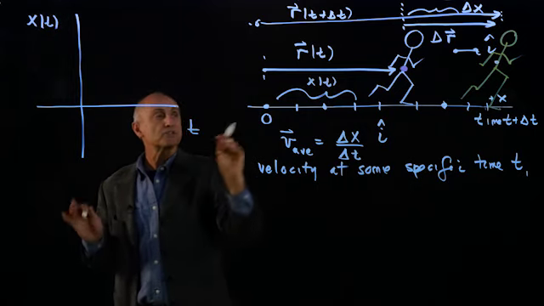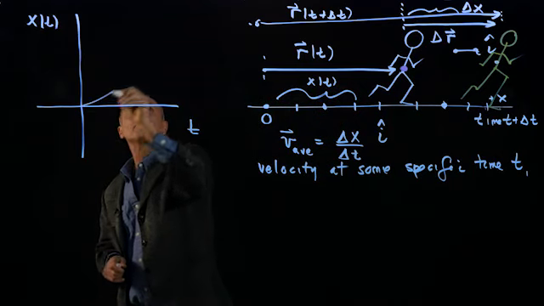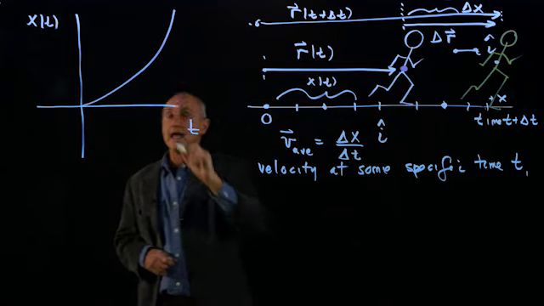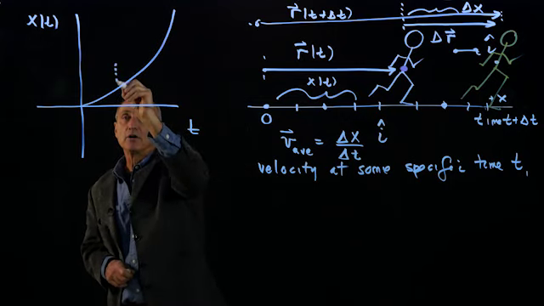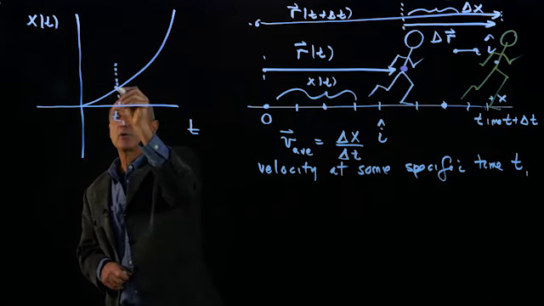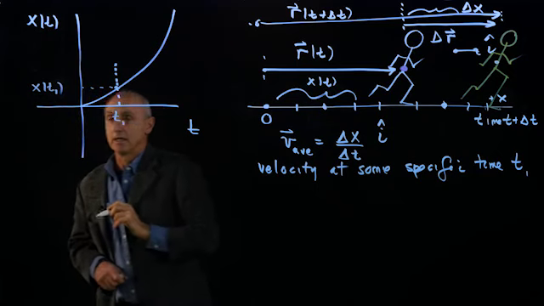Now, let's just say that the runner started at the origin at time equals 0, so I can make some type of arbitrary plot of that position function. And let's indicate in particular the time t1. What this represents is x of t1.